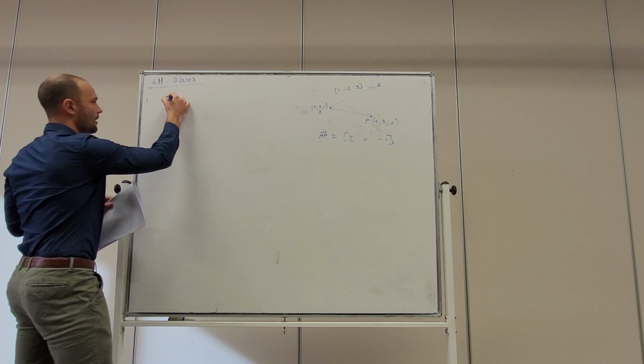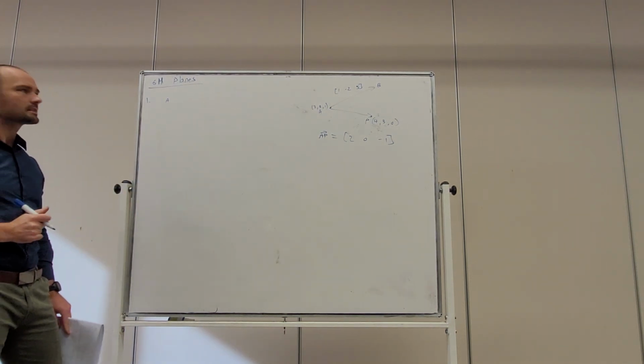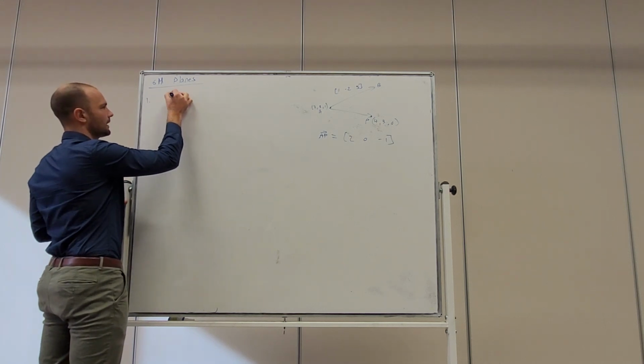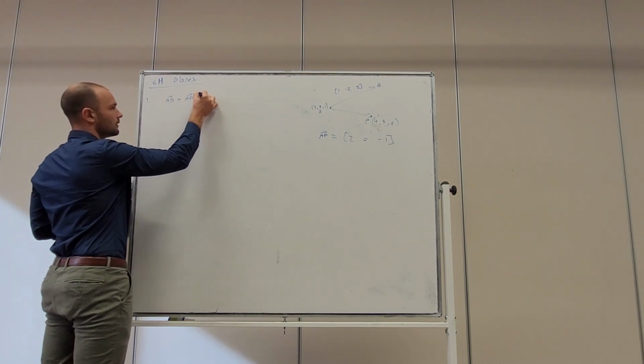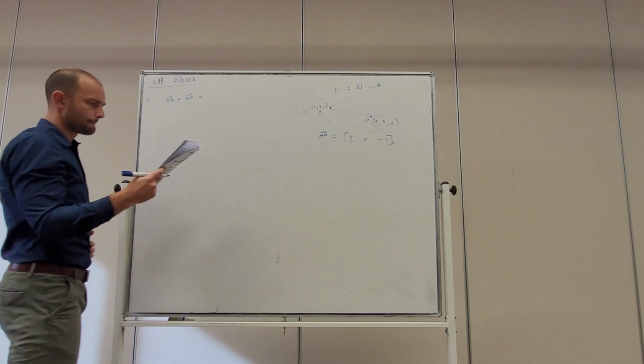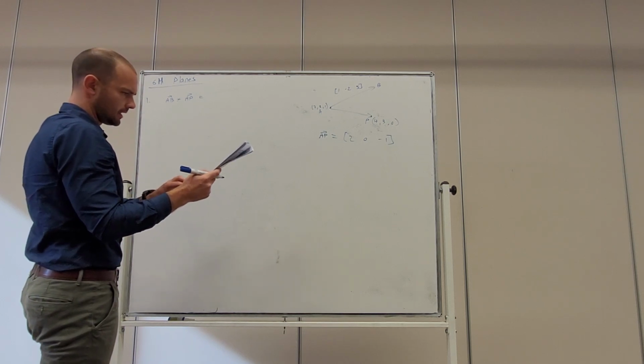And then we're going, all right, well, the normal to both of these lines is going to be AB cross AP. Okay. And I've got minus 2, 9, and 4.